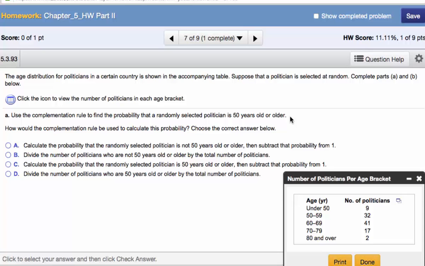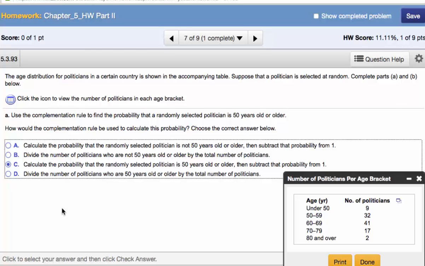Under 50. We talked about if the total of all probability is 1, then the probability that we want will be 1 minus the probability of everything else. So calculate the probability that the randomly selected politician is under 50, then subtract that probability from 1.